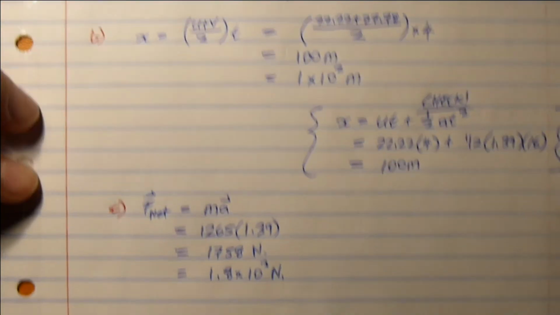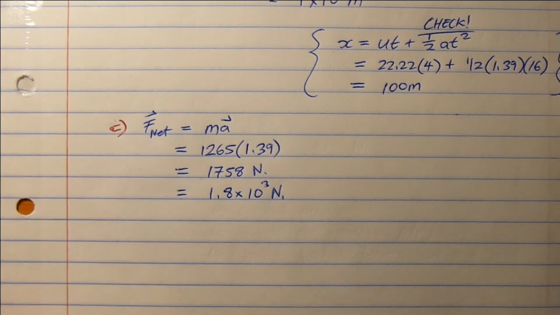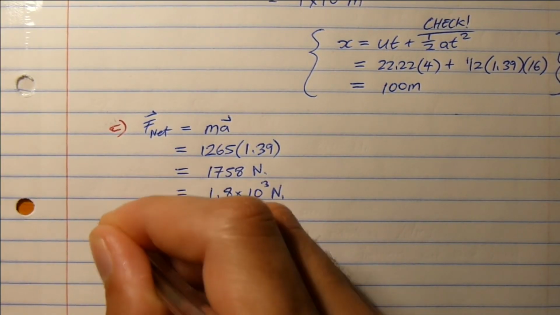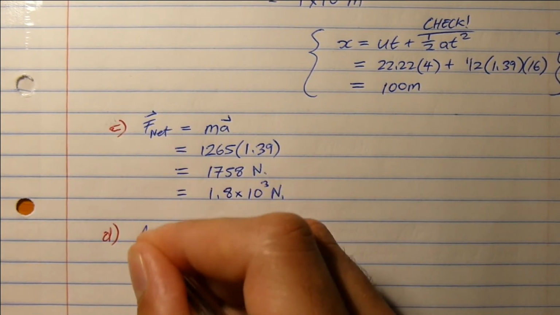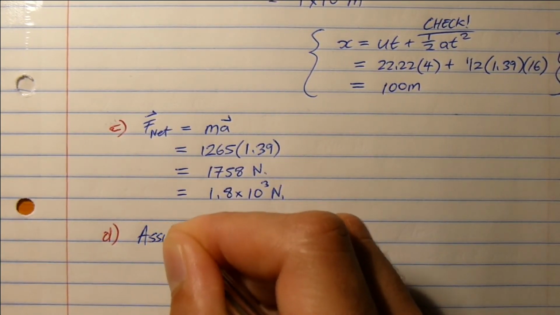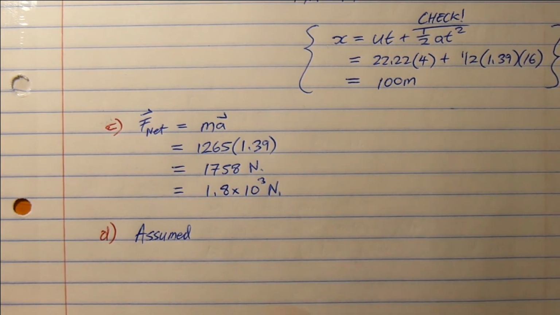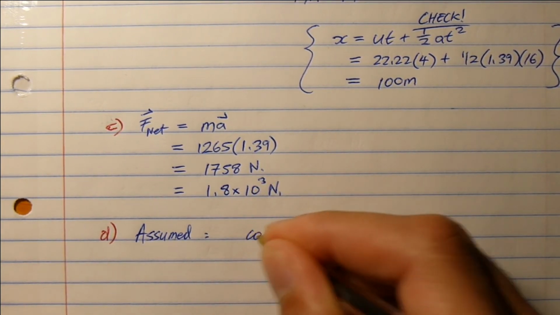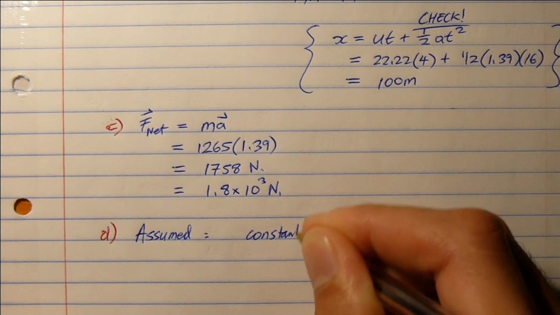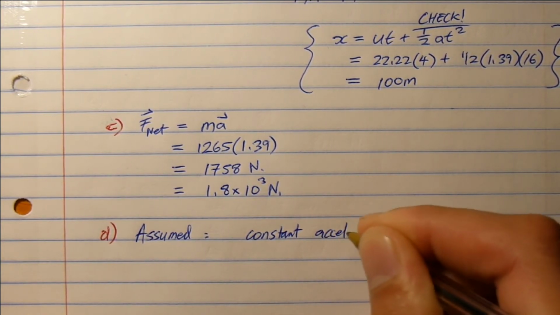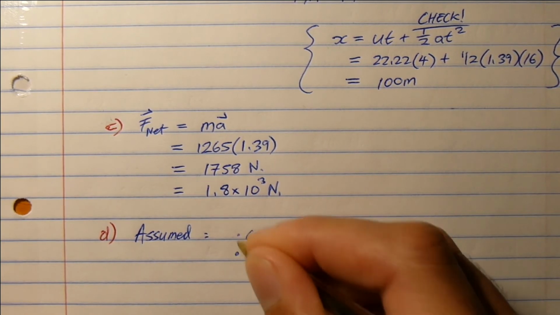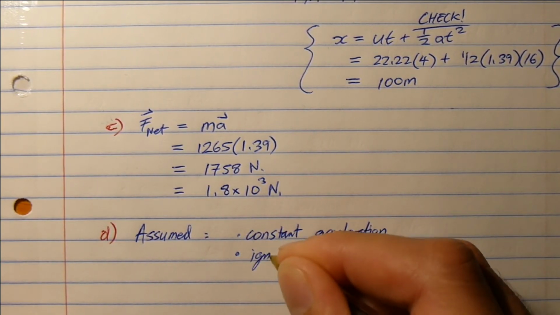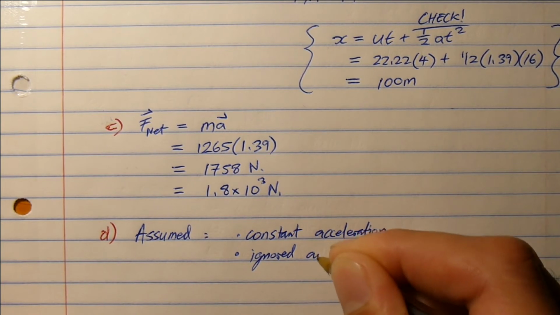Okay, and then finally, what were the assumptions in our analysis? Okay, so we have assumed constant acceleration. We have ignored air resistance.